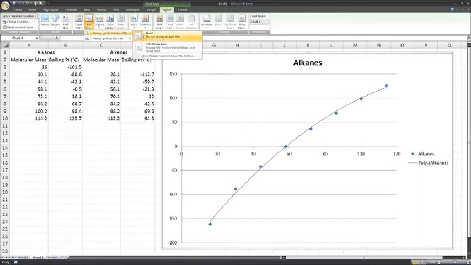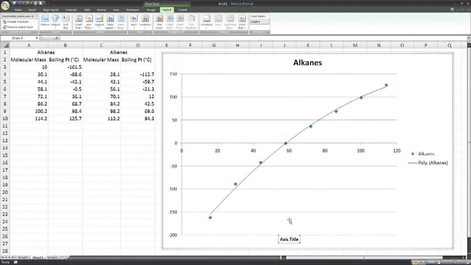Axis titles. The horizontal axis is the independent variable, which is molecular mass. And that doesn't have any units, it's not in grams. In this case, if it had units, we could call it atomic mass units.